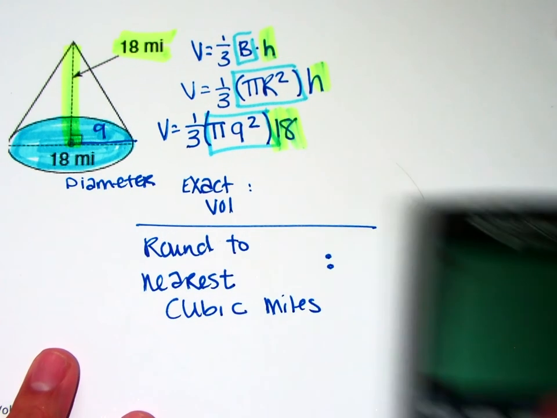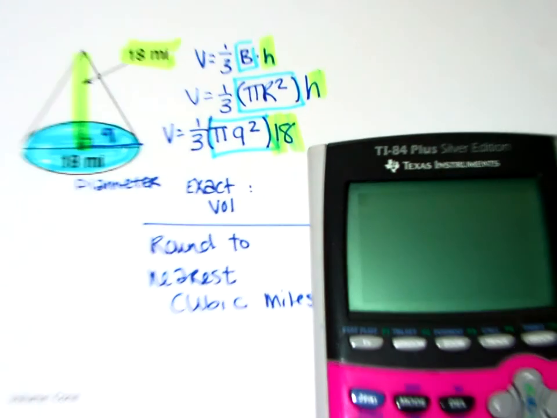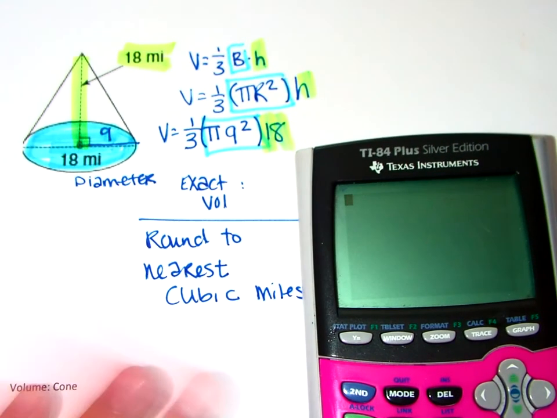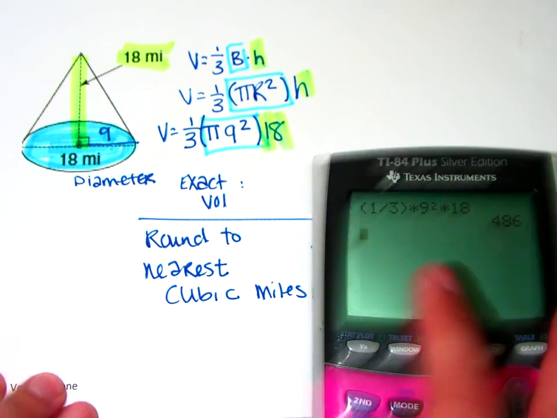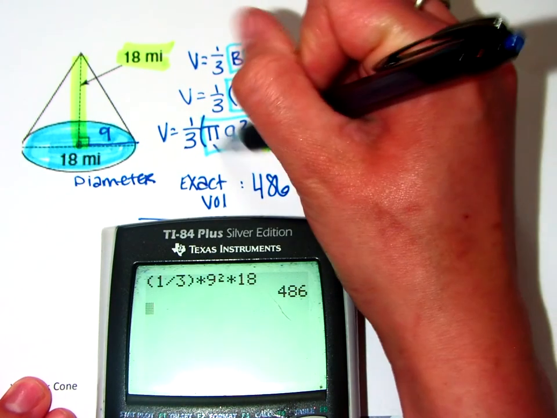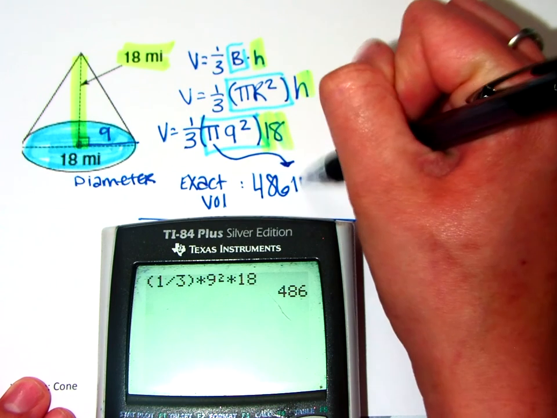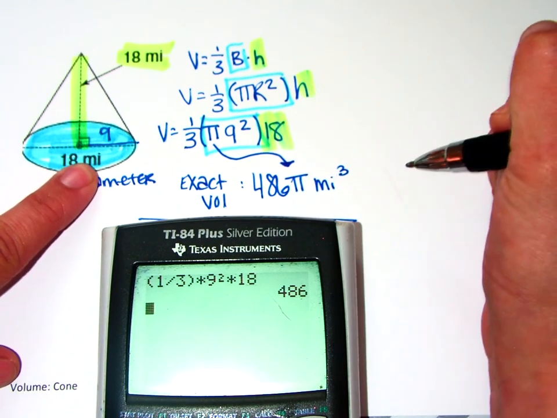Remember, to calculate an exact volume, I'm going to type it in exactly how I see it, minus the pi button. So I'm typing everything in but pi: 1/3 times 9 squared times 18. And I get 486. So I'm going to write 486. Pi is along for the ride. I haven't used it. And this is miles to the 3rd power.